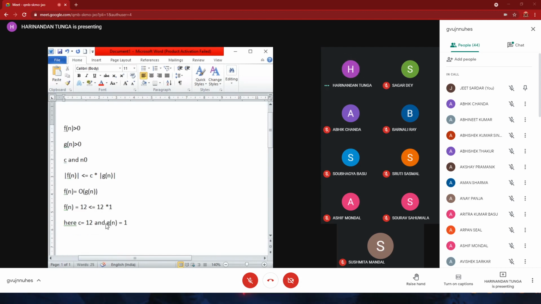Then f(n) equal to Big-O of g(n) equal to order of 1, where c equal to 12.